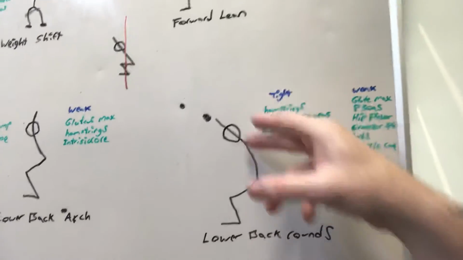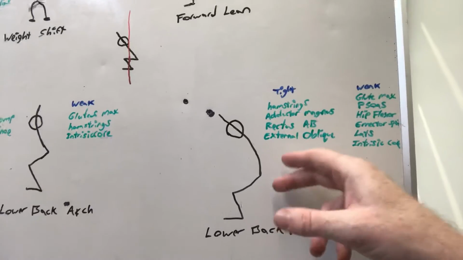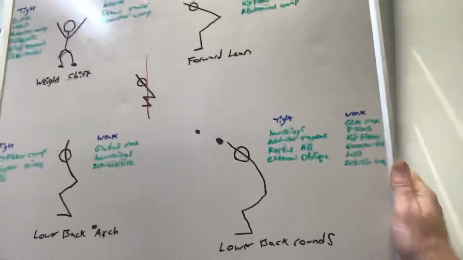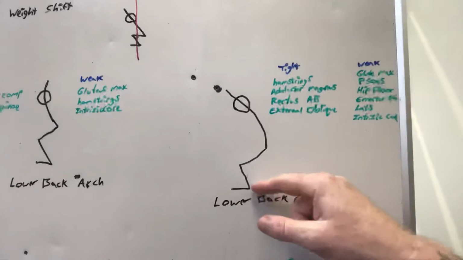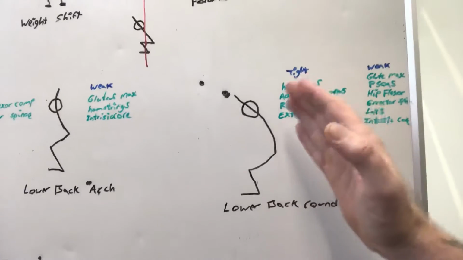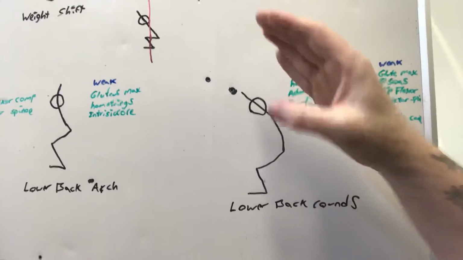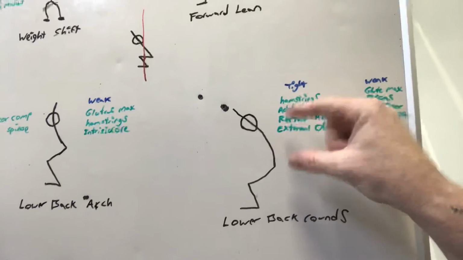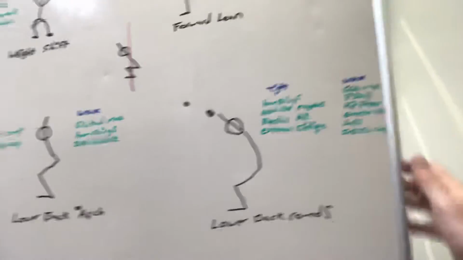So doing a lot of posterior chain work would be quite helpful for this person, as well as teaching that hip hinge motion. Again, elevating the heels onto a plate will probably be quite useful for this person, but they're probably still going to be protecting themselves, and they probably won't get enough hip flexion as well, but it is an option you could try.